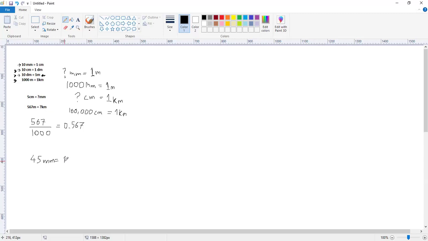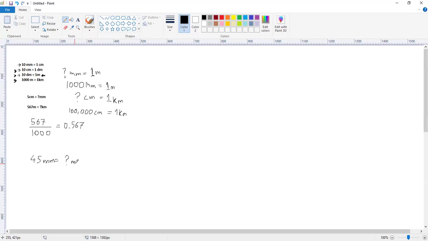Okay. So the question is this: 45 millimeters is how many meters? What would you do to convert 45 millimeters to meters? So this time I wouldn't multiply. I would divide.